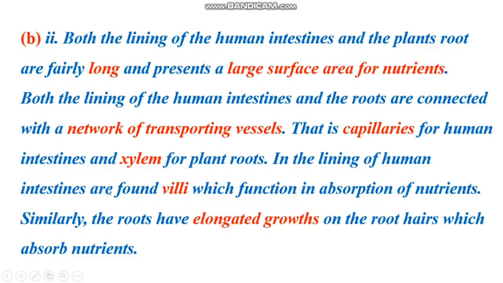In the lining of human intestines are found the villi, which function in absorption of nutrients. Similarly, the roots have elongated growths on the root hairs which absorb nutrients. So this is how we can write our answer in a complete sentence form and the paragraph.